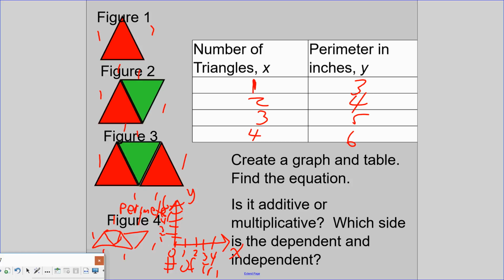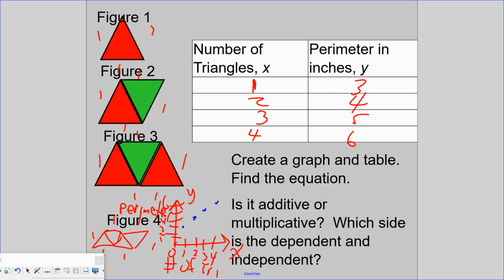So 1 triangle will have a perimeter of 3 inches. 2 triangles will have a perimeter of 4 inches. 3 triangles will have a perimeter of 5. 4 triangles have a perimeter of 6 inches. So do we connect the dots or not?